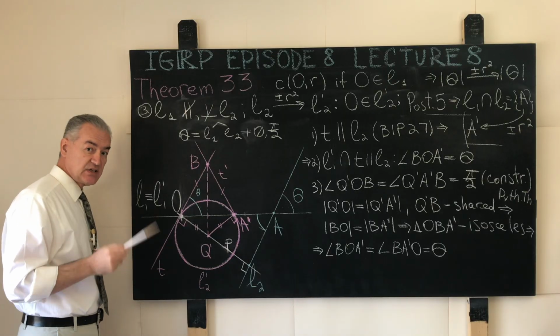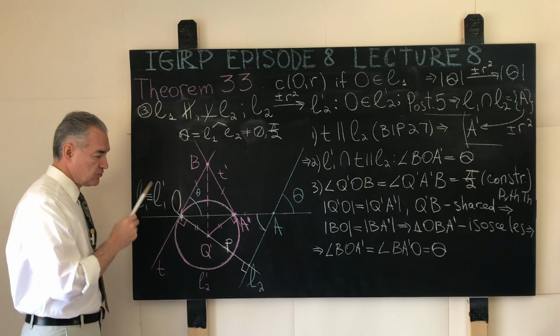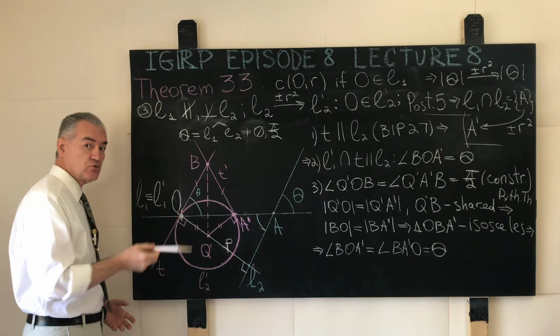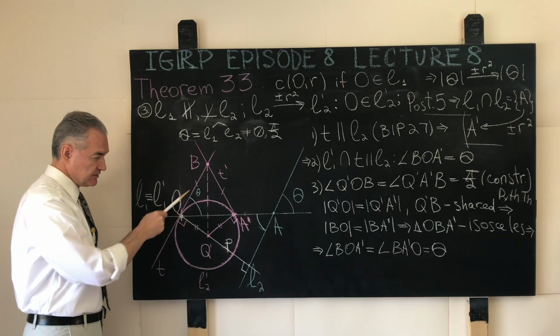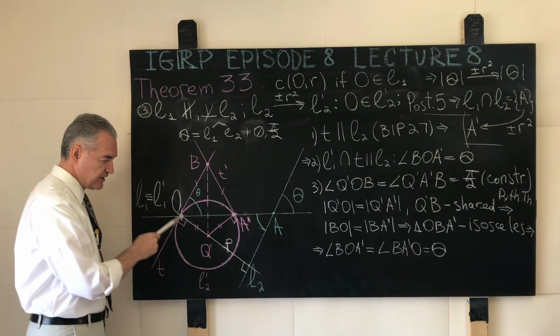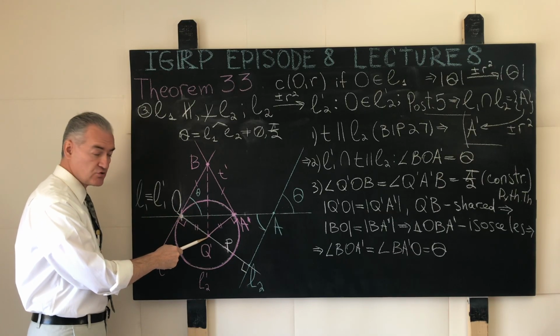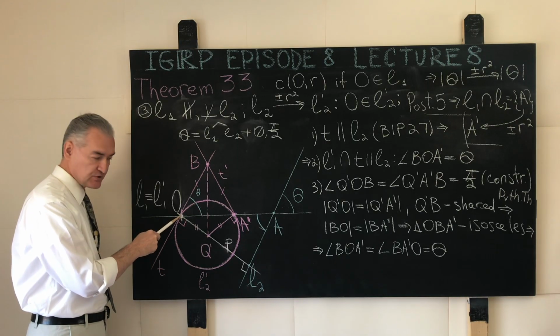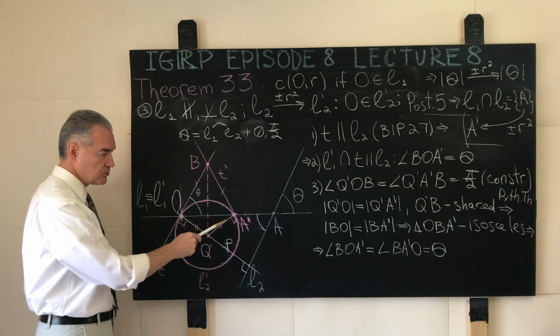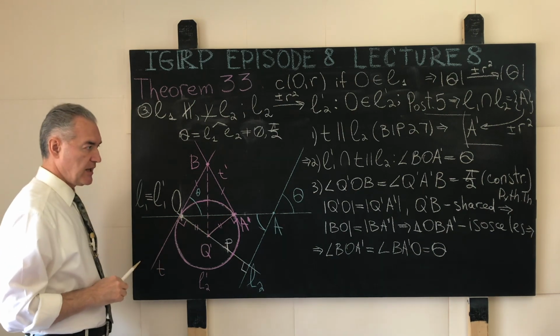Why? Precisely because of how we define what a tangent to a circle at a point is. These straight lines must be perpendicular to the radii drawn, obviously, from the center to the point of interest: O, the center of inversion, or A prime.